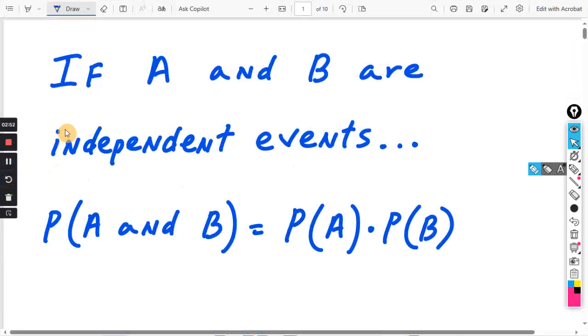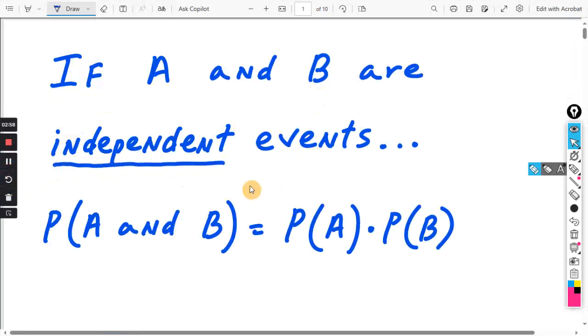The other thing you need to know, if A and B are independent events, the probability of A and B occurring together is going to equal the probability of A times the probability of B. So when they're independent, you just multiply the probabilities.